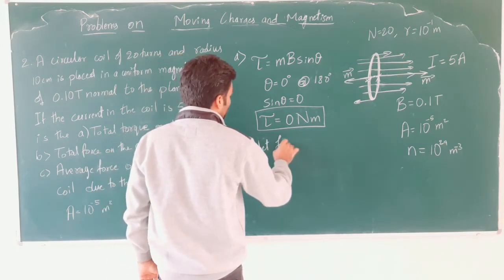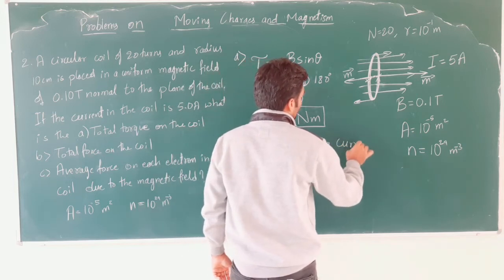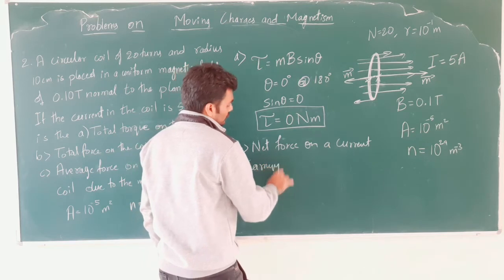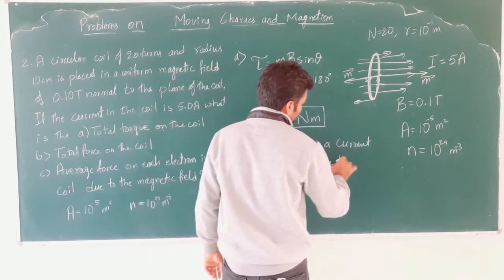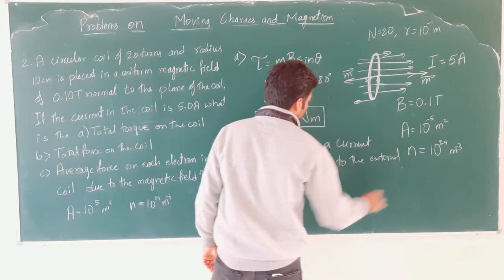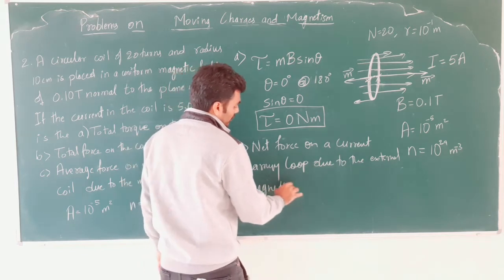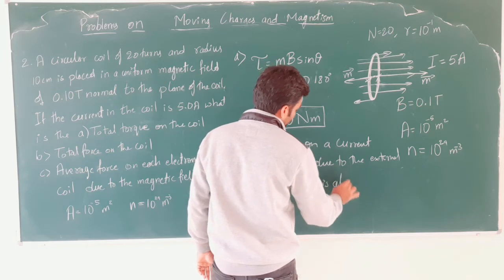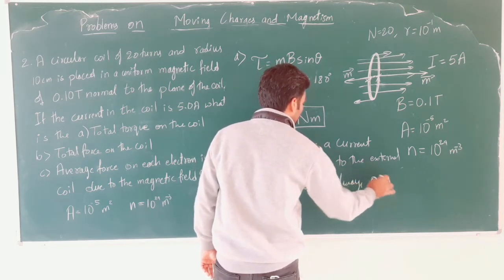And hence the total or net force on a current carrying loop due to the external magnetic field is always how much? 0 Newton.